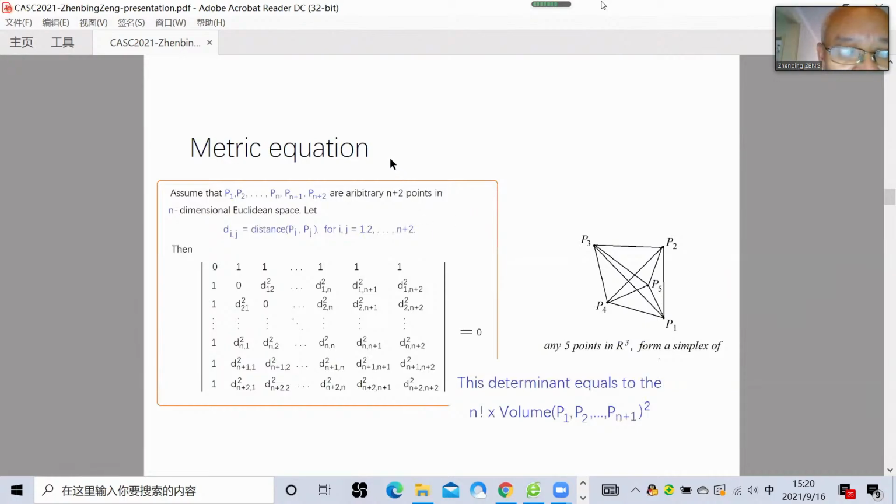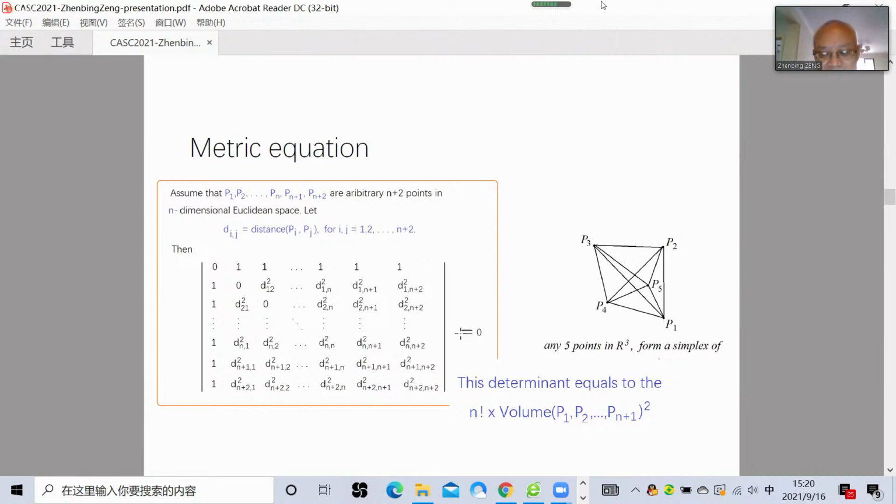Here we use a kind of metric equation, which says if n plus 2 arbitrary points are selected from n-dimensional Euclidean space, then this determinant equals 0.